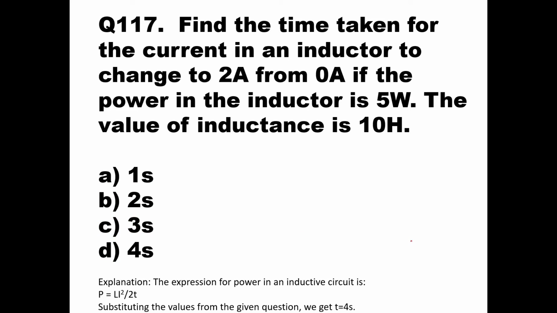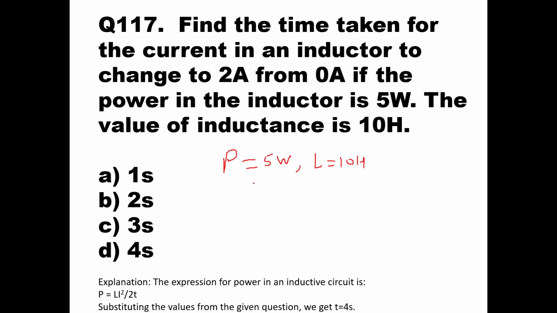Question number 117. Find the time taken for the current in an inductor to change to 2 ampere from 0 ampere if the power in the inductor is 5 watt and the value of inductance is 10 henries. Clear? Now here, the power is given as 5 watts, inductance is given as 10 Henry.